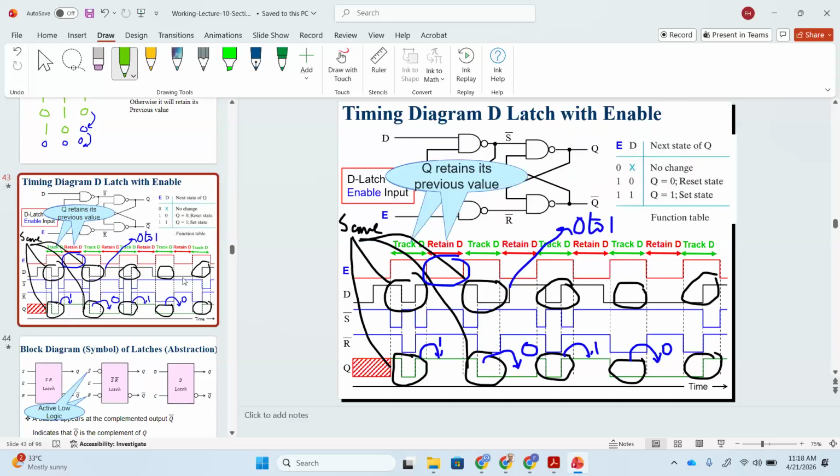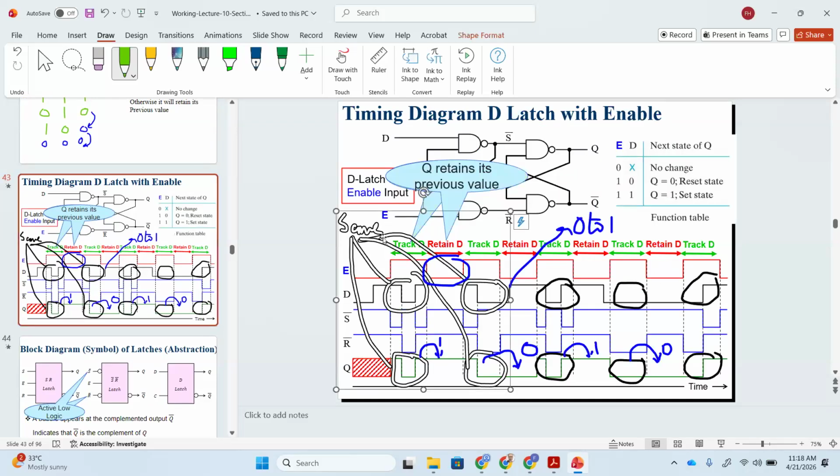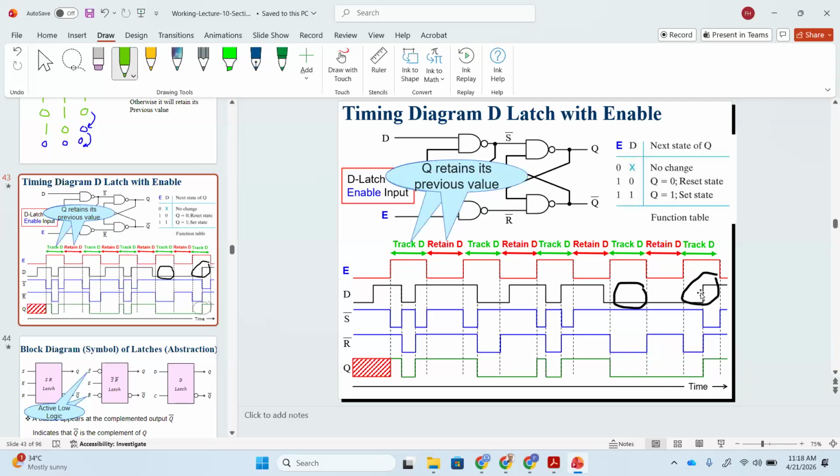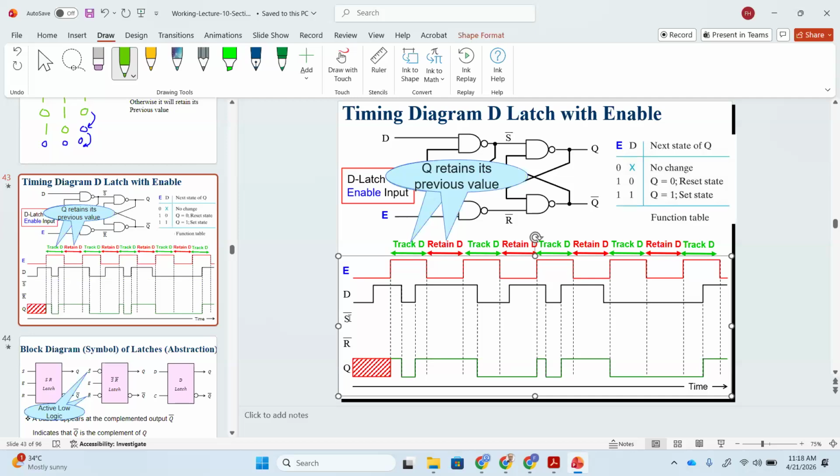Now can you see here? Let's assume, which mode is this?